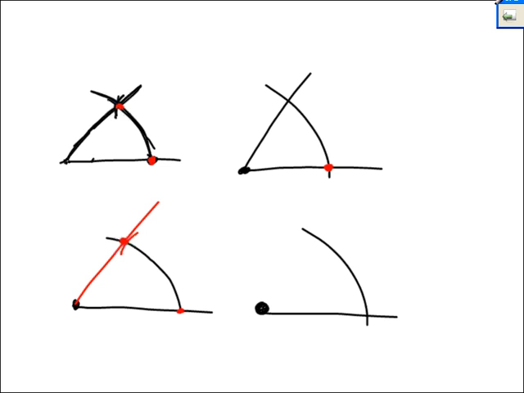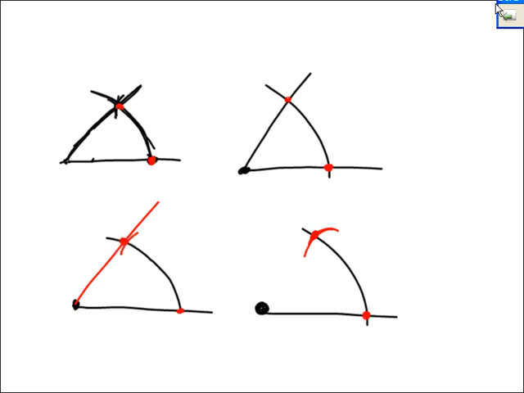And open it up long enough so the pencil is right there. Keep in that same opening. Put the compass needle here and draw an arc that crosses the last arc.